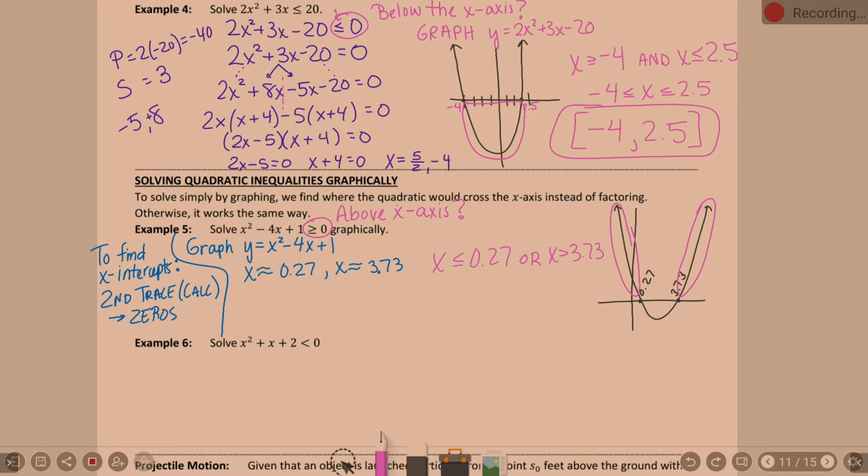In terms of interval notation, when it was less than 0.27, that's negative infinity to 0.27. Infinity with parentheses, 0.27 with a bracket. Union, or, my next interval starts at 3.73 to infinity.